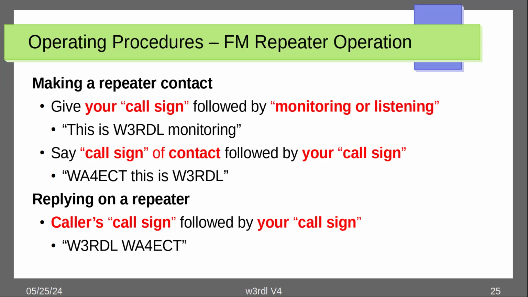And then you'd start a two-way conversation. If you say you're monitoring and somebody calls you back, then you give their call sign and then your call sign, just like when you're trying to make a direct contact.